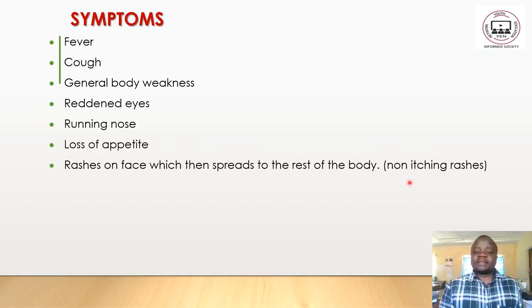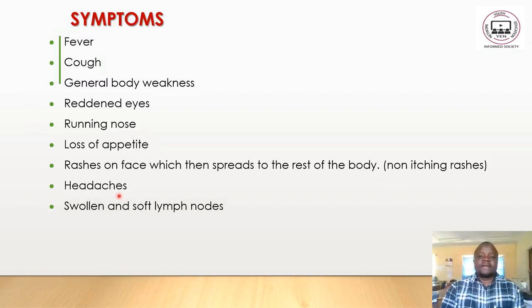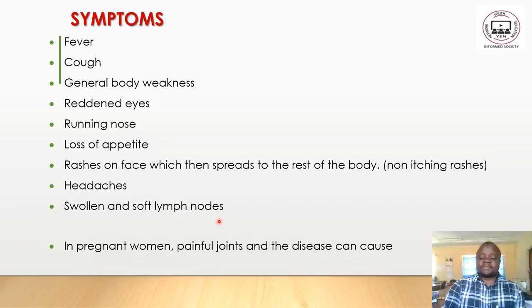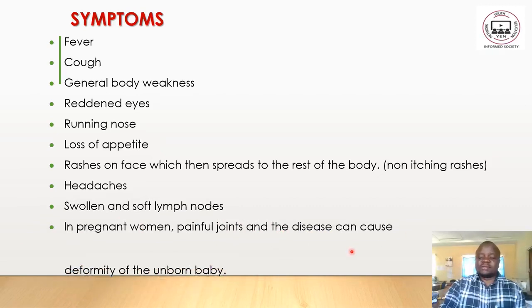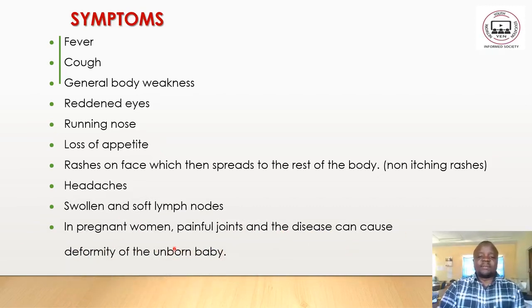But these rashes are non-itching rashes. The patient feels headaches, has swollen and soft lymph nodes. In pregnant women, painful joints, and the disease can cause deformity of the unborn baby.